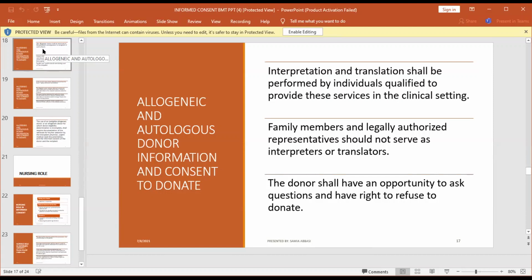The second point is that interpretation and translation shall be performed by persons qualified to provide these services in the clinical setting, not by a family member or legally authorized representative serving as the interpreter or translator. The donor shall have an opportunity to ask questions and have the right to refuse to donate.